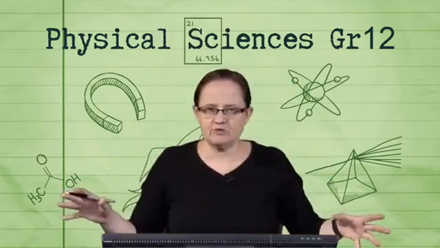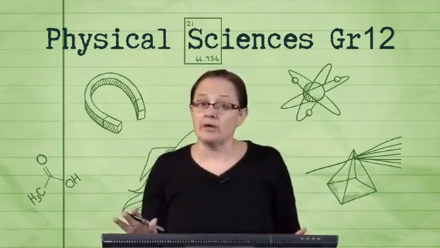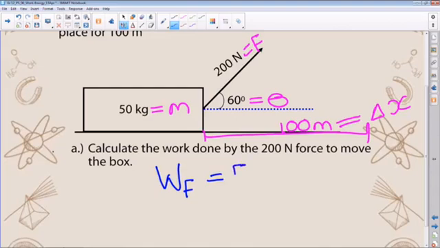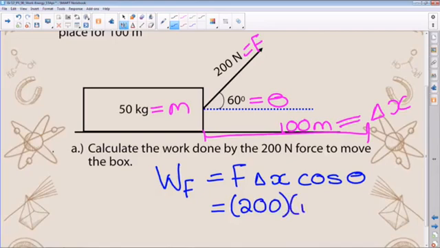So rather just put the subscripts all the time, and then you know you're okay. All right? So work is going to be done by the force times delta x times cos theta. So my force is 200, so that's easy. My x is 100. And now I need to find the angle.